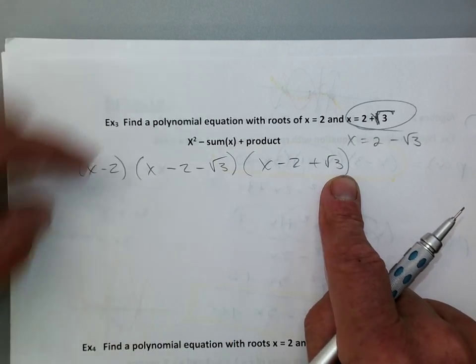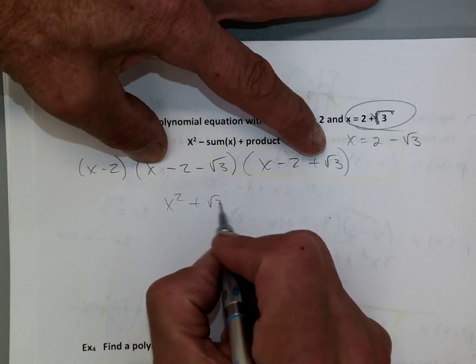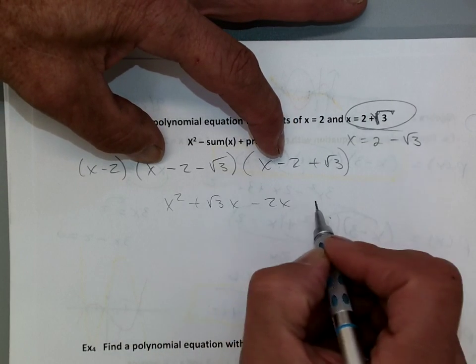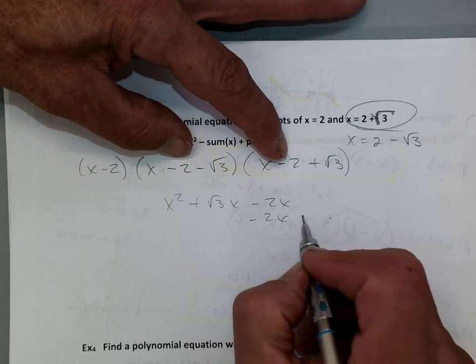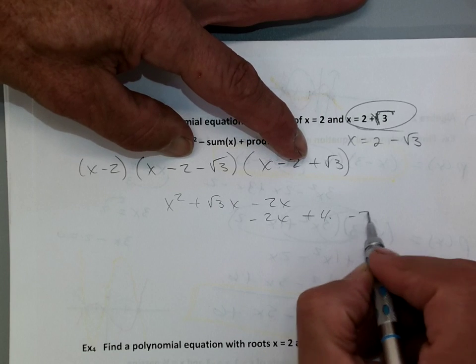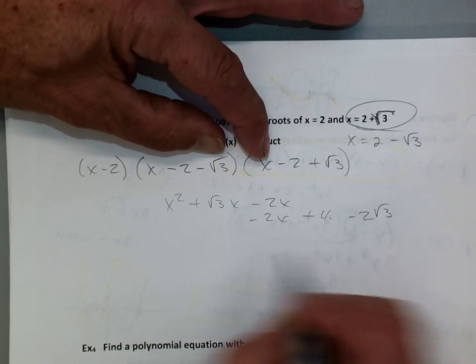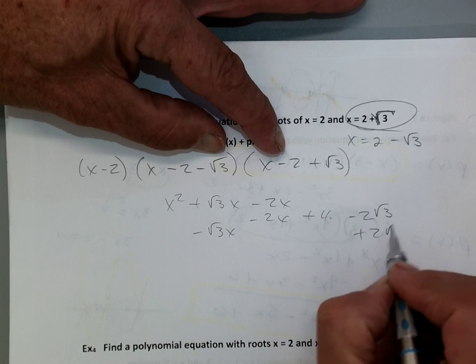Just watch. x squared plus the square root of 3 x minus 2x minus another 2x plus 4 minus 2. Oops, put that here. Minus 2 square roots of 3, right? Minus a square root of 3 x plus 2 square roots of 3.